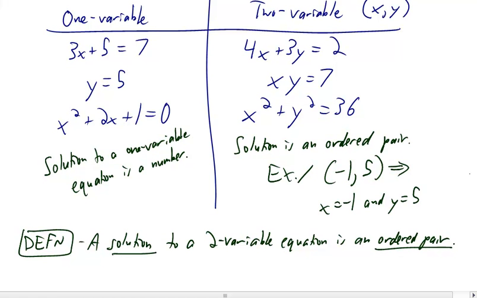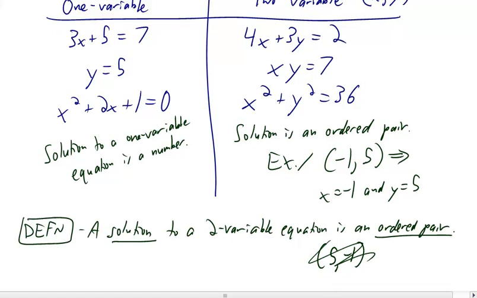You see, an ordered pair is where the order is important. This -1, 5 example that we did up here, we were implying that x was -1 and y was 5. If we switched those and made it 5, -1, we would then be switching which one was x and which one was y. So the order is important.